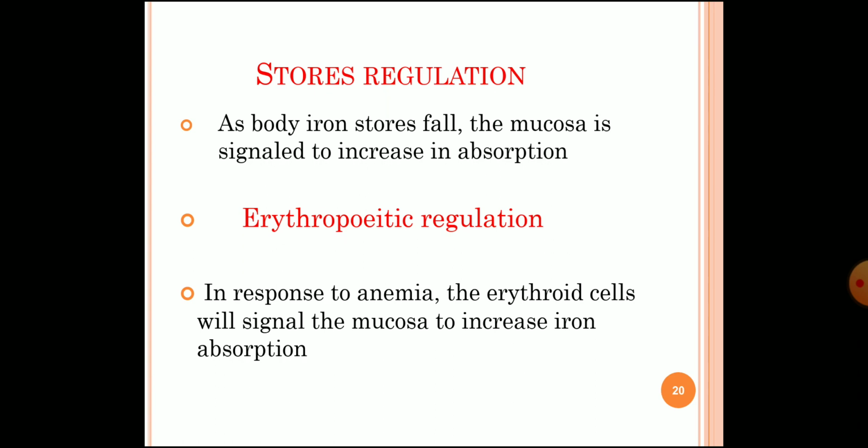That usually occurs in the bone marrow, in response to anemia. If there is anemia, the body requires more erythrocyte formation. For that, iron is required, and that is by increasing the absorption.